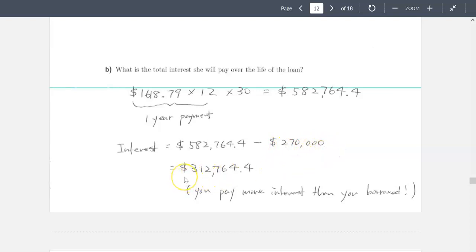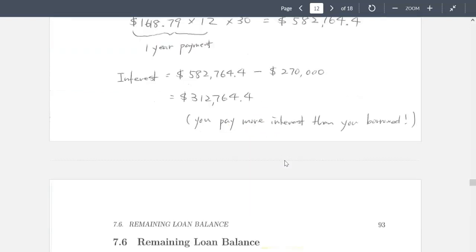So in terms of interest, you end up paying the bank $312,764.40. You pay more interest than you borrowed. Yeah, that's how banking works. So you take how much you actually pay minus how much you borrowed. That's the interest you have to pay the bank, the extra beside the amount borrowed.